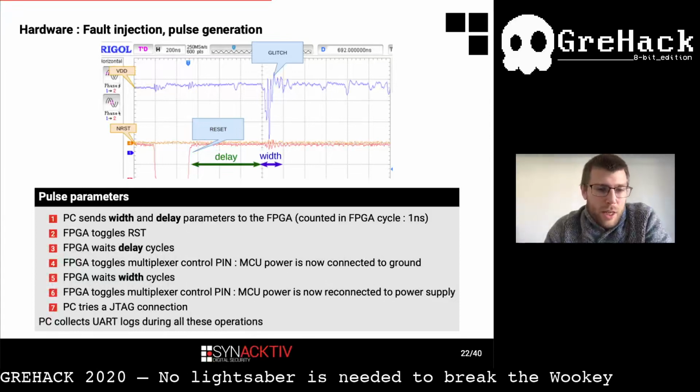Then the FPGA waits the width and switches the multiplexer. So at this moment, the MCU is reconnected to the power supply. And to finish, the PC tries to connect to the target with JTAG to check if we have downgraded the RDP protection.